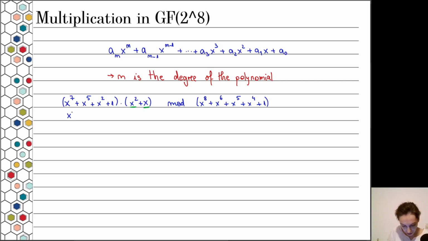We will have x to the power of 9 plus 5 plus 2 is 7, x to the power of 7 plus x to the power of 4 plus x to the power of 2 plus, and now we will take the second term, which is x.